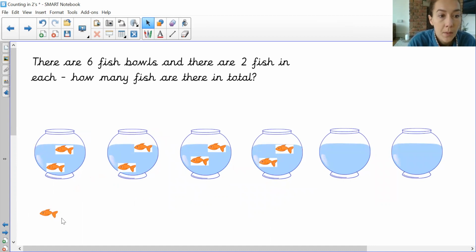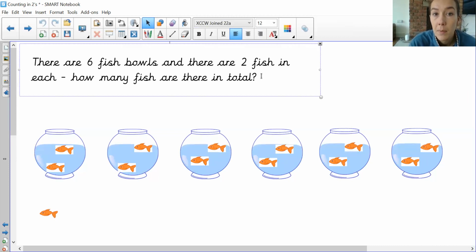I mean, if you were doing this, there's no reason why you couldn't draw out little circles and put dots in. You don't really need to draw the fish out or the bowls. You can do if you want. I just wanted to give you a visual. So how many fish are there in total? So there are 2, 4, 6, 8, 10, 12.